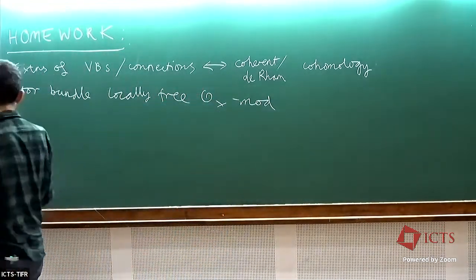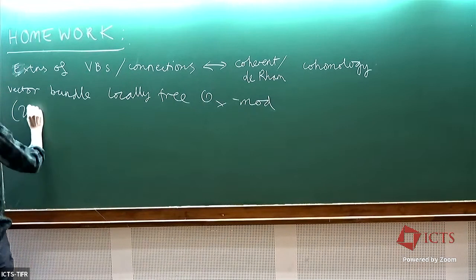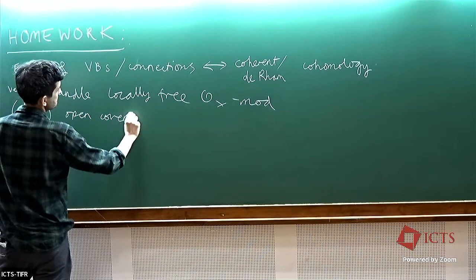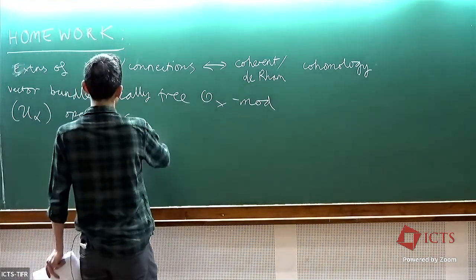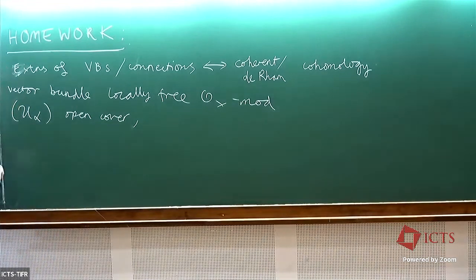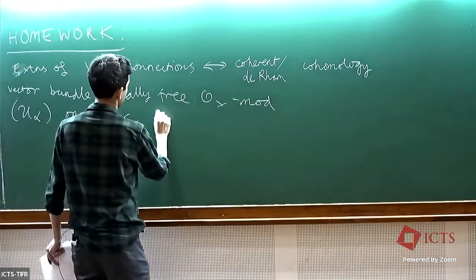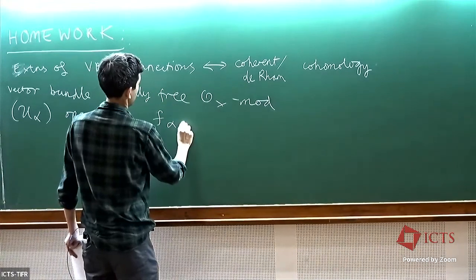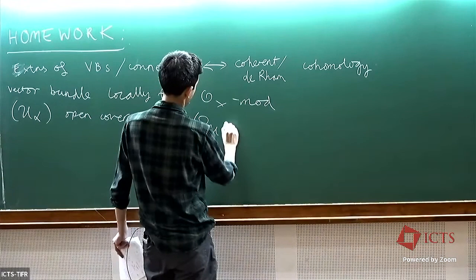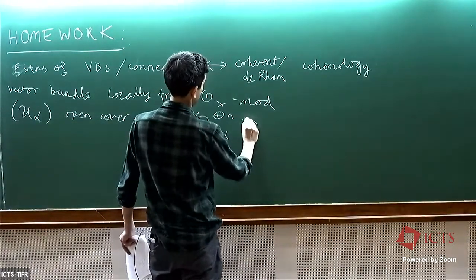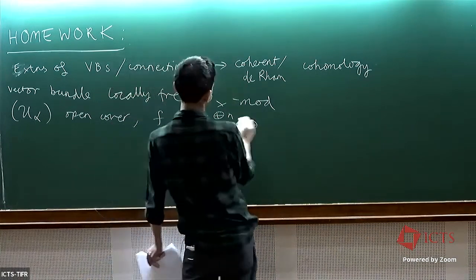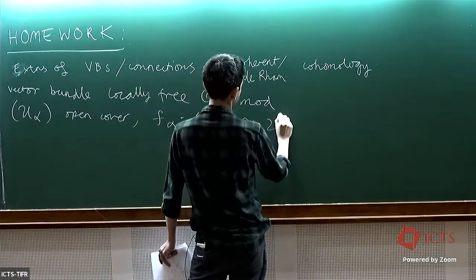By definition, that's saying that it's given by the data of some open cover and then some collection of locally free O_{U_alpha} modules. That's the same as saying that you have some isomorphisms between the constant U_alpha module and the restricted V on U_alpha.